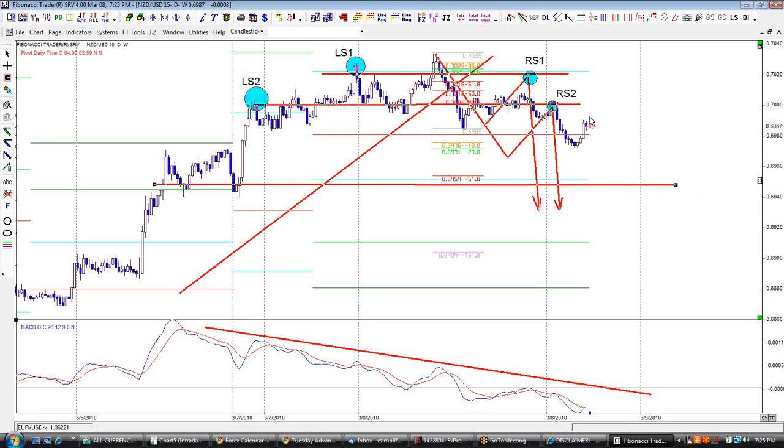So we'll probably see the market retest the right shoulder one more time. We can sell that, and put a limit here.